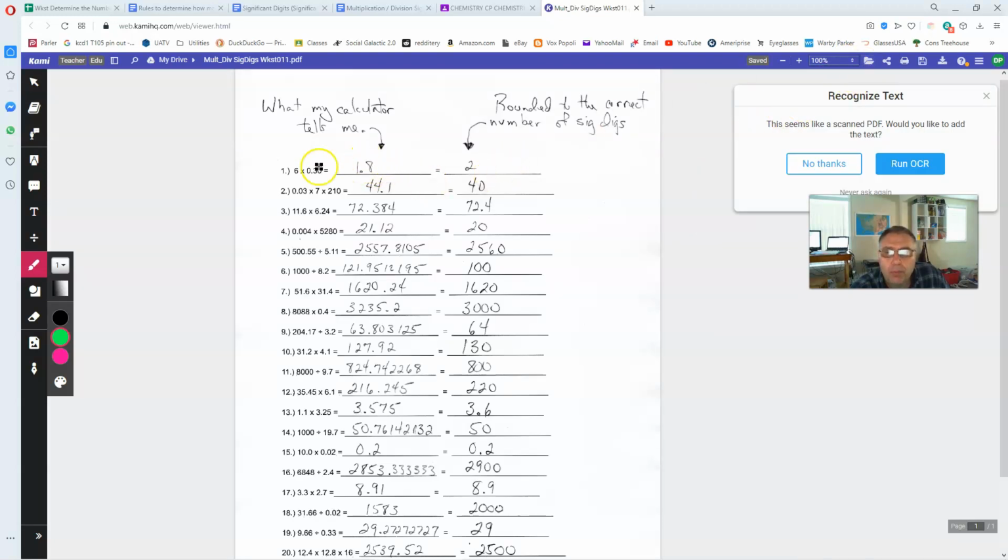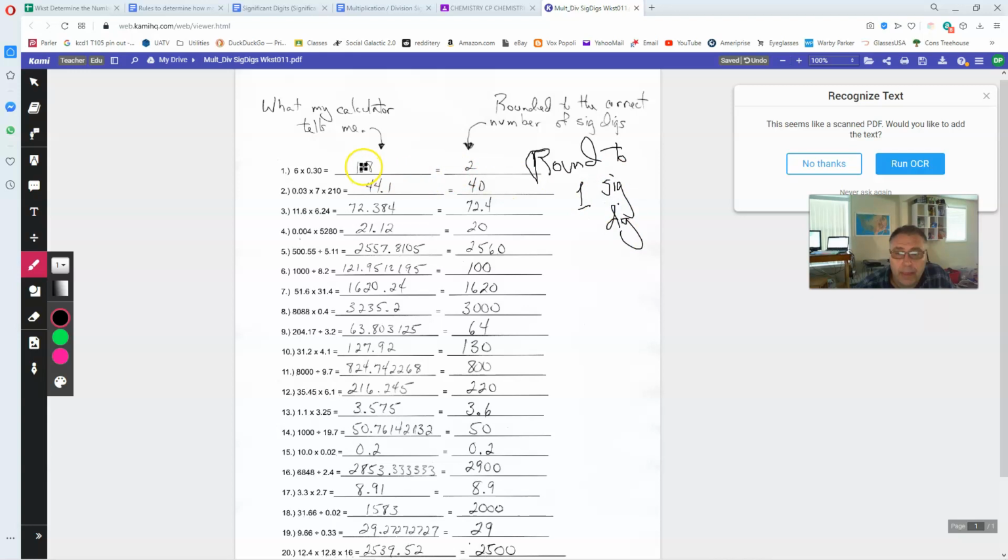I'm going to have to take the 1.8, and I'm sure I'm not going to be able to easily do this. I'm going to round to 1 sig dig.